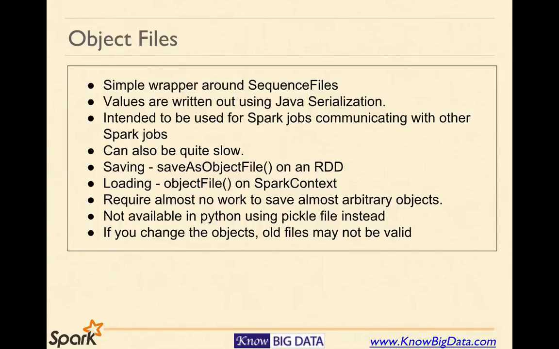If you want to use them, you can use saveAsObjectFile, and for loading, sc.objectFile on the Spark context. You can save any arbitrary object. This is one advantage of using Scala, that you can utilize object files.